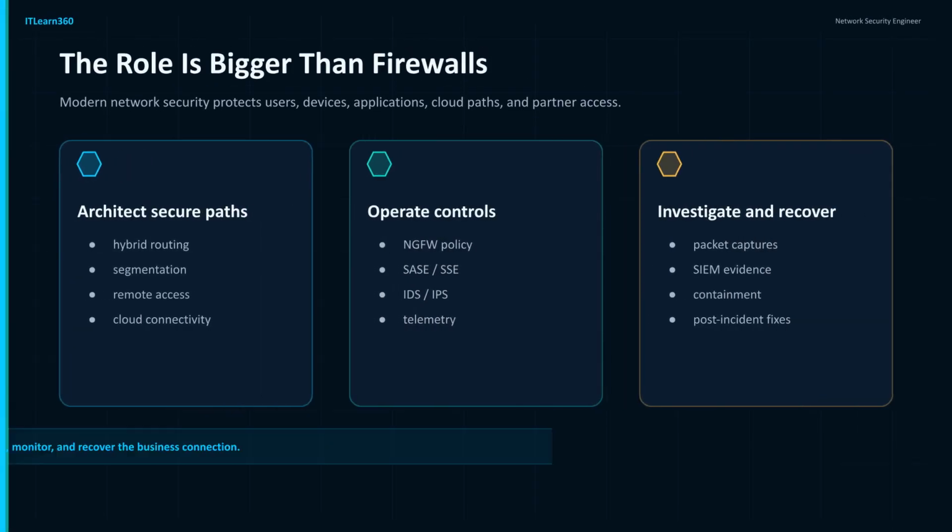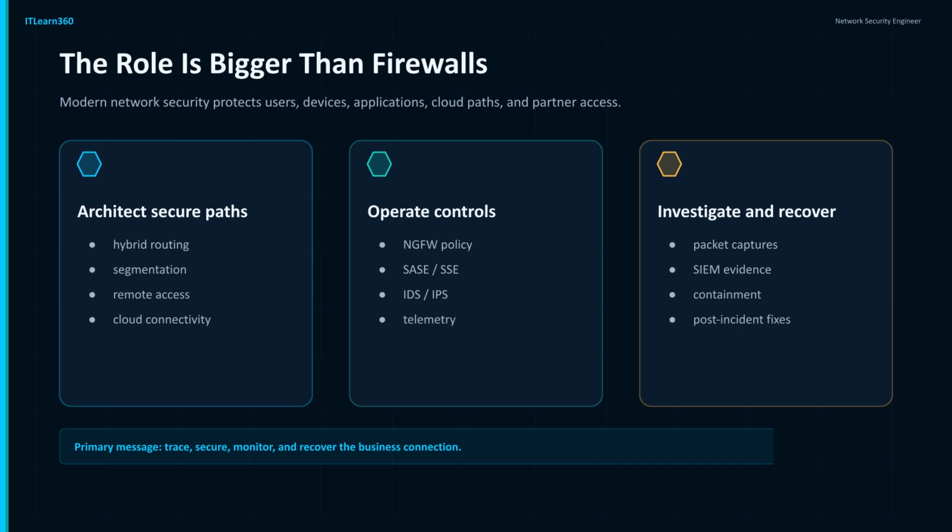A network security engineer protects the complete path between users, devices, applications, cloud workloads, and outside partners. That includes secure architecture, hybrid routing, segmentation, remote access, firewall policy, SASE or SSE controls, IDS and IPS, telemetry, troubleshooting, and recovery.